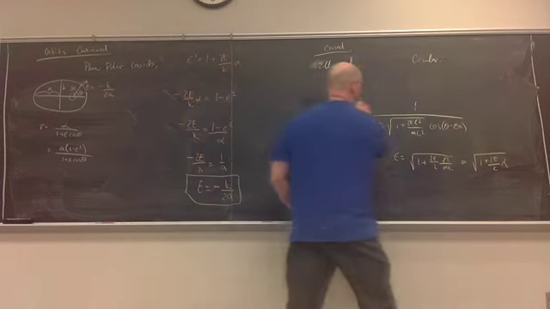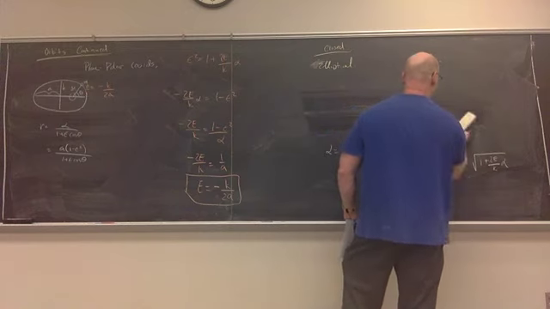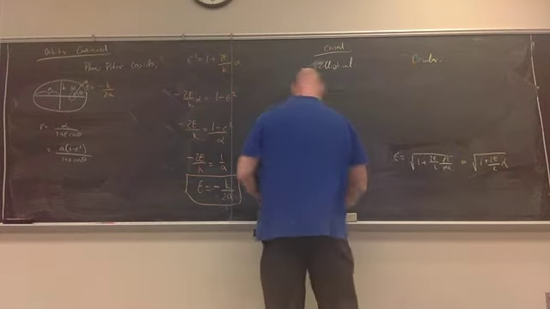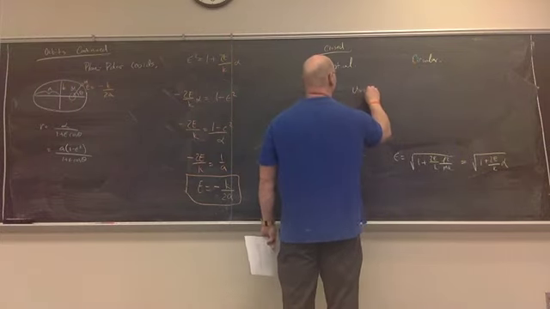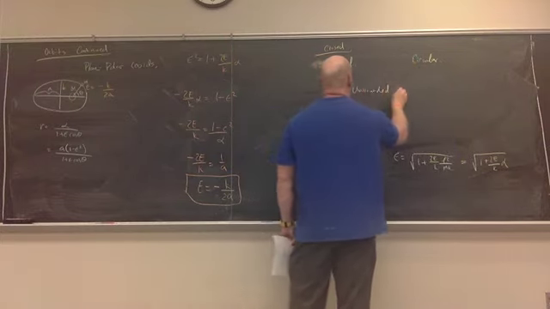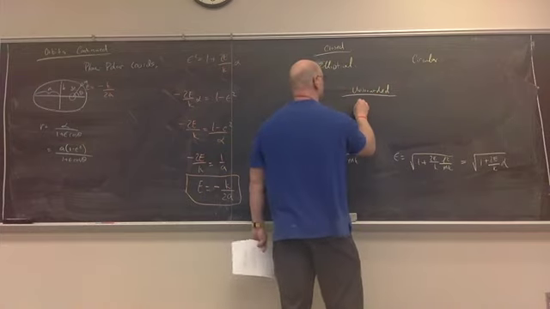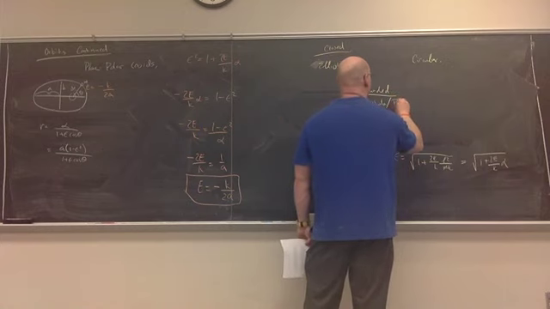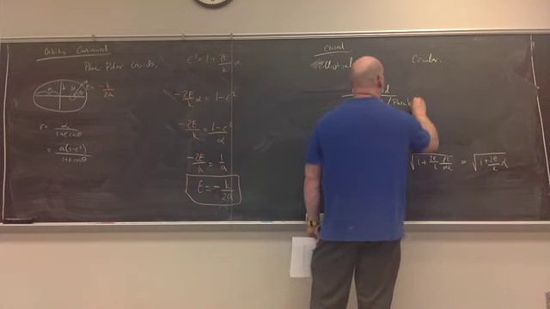To have an open orbit, or at least an unbounded orbit, meaning that this thing is either going to be a hyperbola or a parabola.